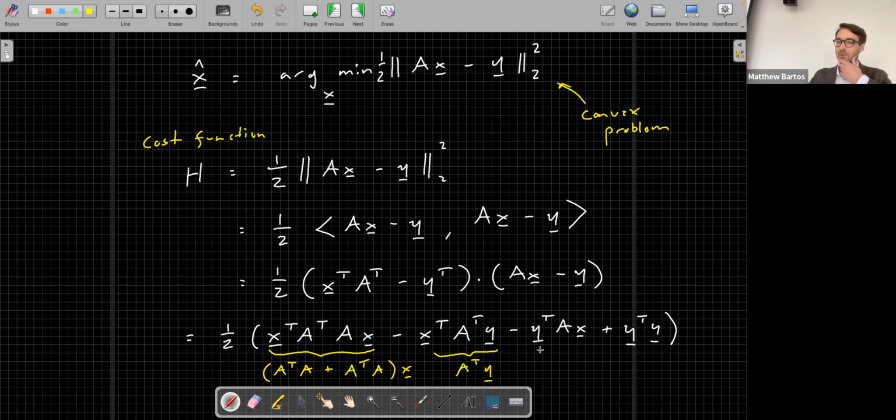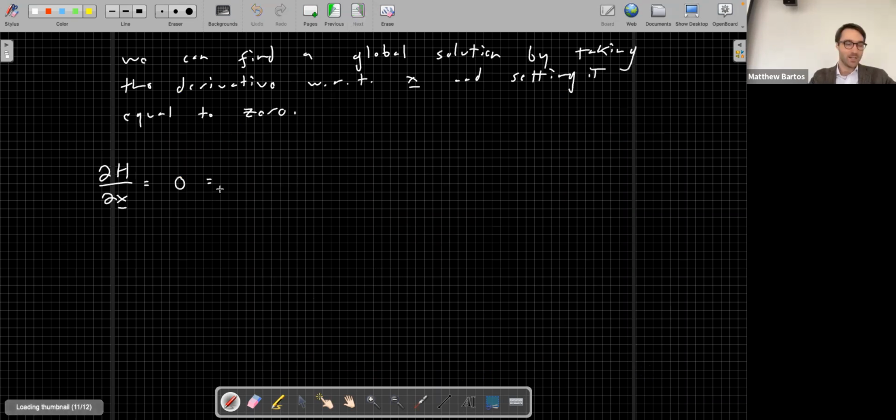A transpose Y. And what about this one here? So first of all, what's the relationship between these two here? They're the same thing, right? So this will also be A transpose Y. These are both scalars. The transpose of a scalar is equal to itself, and therefore the derivatives of both of these with respect to X are A transpose Y. And finally, what's the derivative of this with respect to X? 0, exactly.